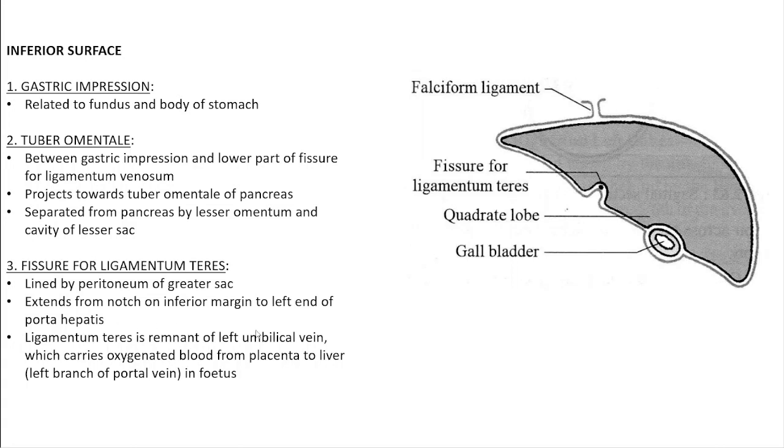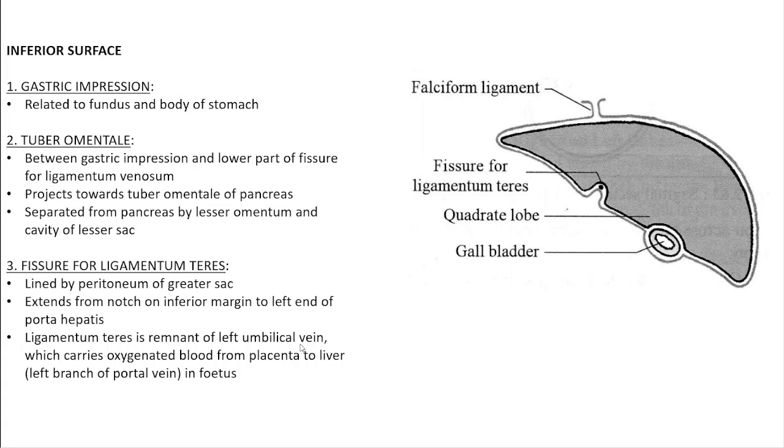So, after the umbilical cord reaches the fetus and attaches to the umbilical region, the left umbilical vein travels from the umbilicus to the liver within the free border of the falciform ligament, and in adults the remnant forms the ligamentum teres.